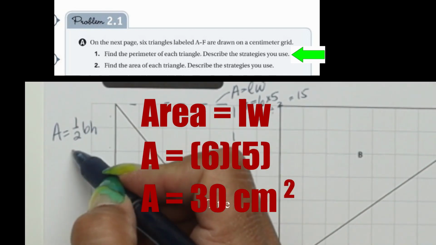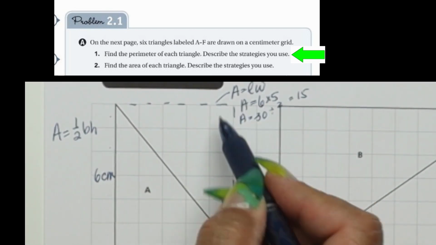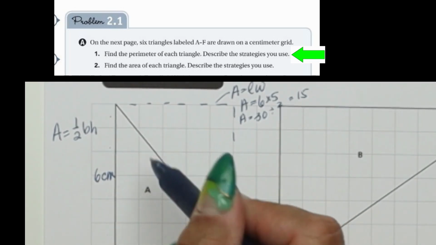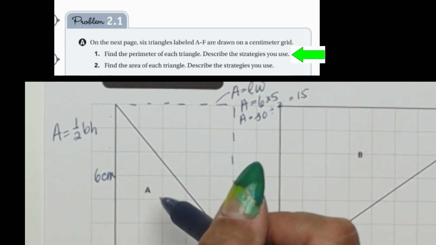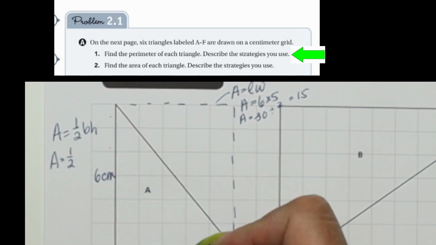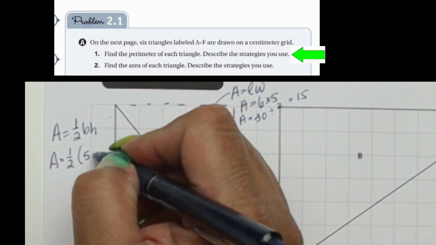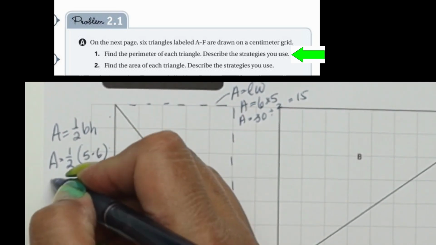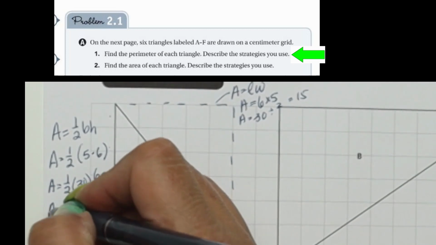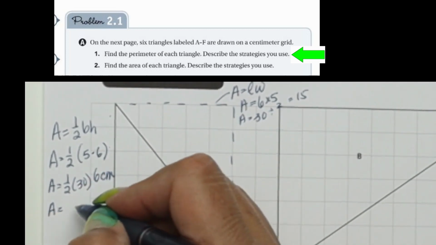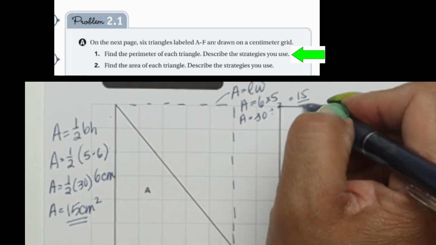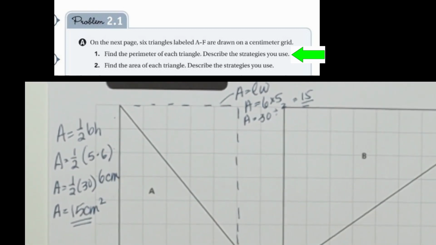So let's test that theory of half of the area of a rectangle equals the area of its triangle. So we have area equals half of the base, which is 5, times 6. So area equals 1/2 of 30. Half of 30 is 15 centimeters squared. 15 and 15. So that does work.